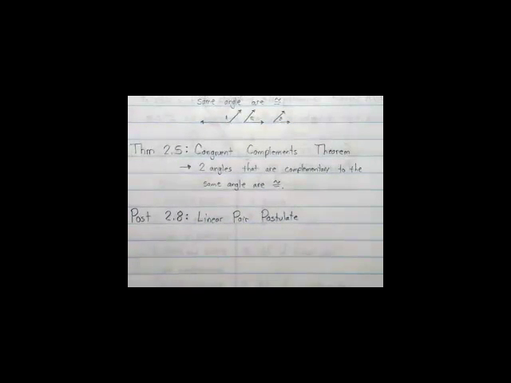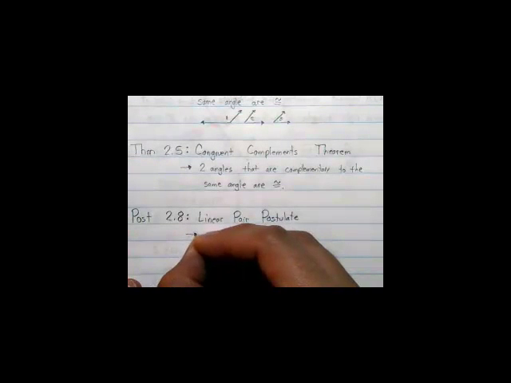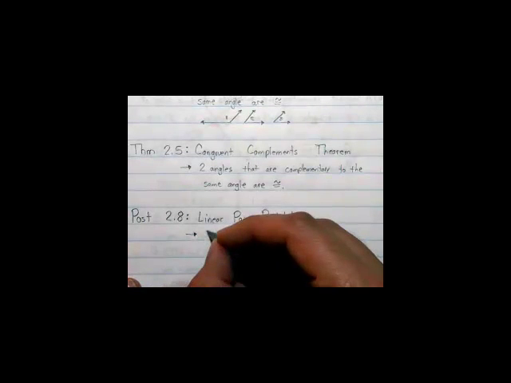So the linear pair postulate says if two angles form a linear pair, they are supplementary. Okay? What we probably would have said in the past simply was definition of a linear pair. It is technically a postulate.